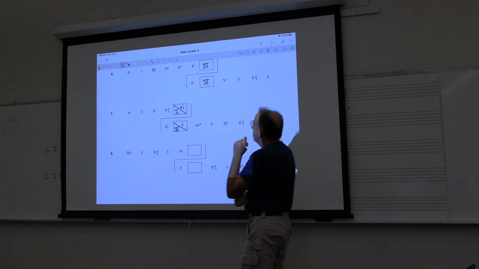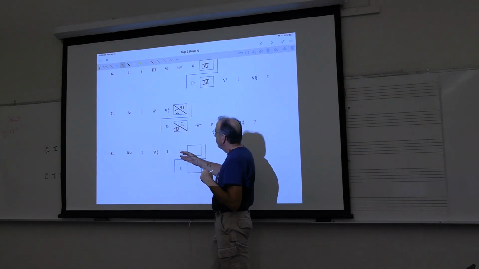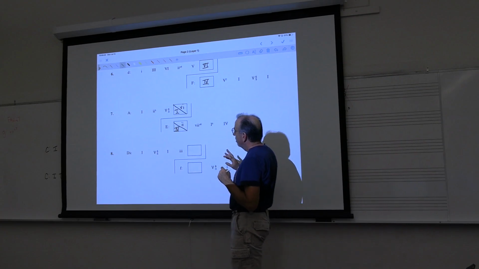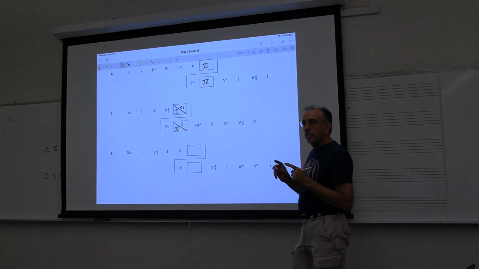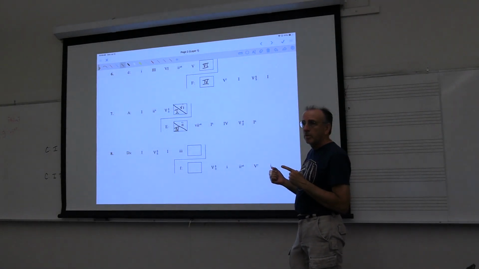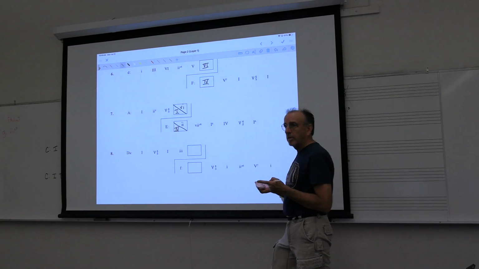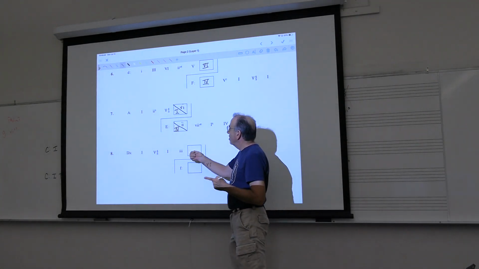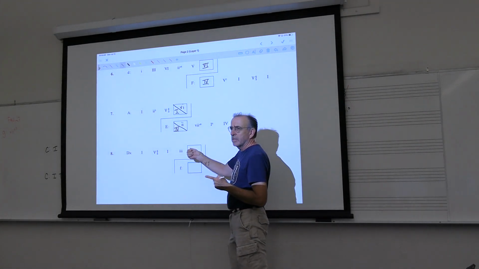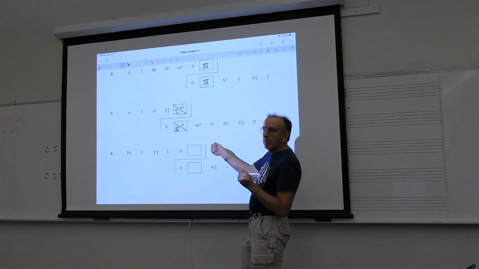Well, if I'm in a major key and I have a 3 chord, there's really only 2 things that can come next, right? One would be 6, and what is 6 in D flat? B flat.